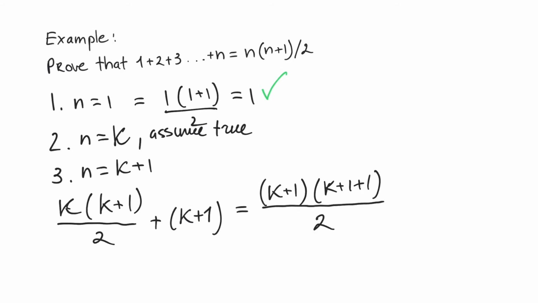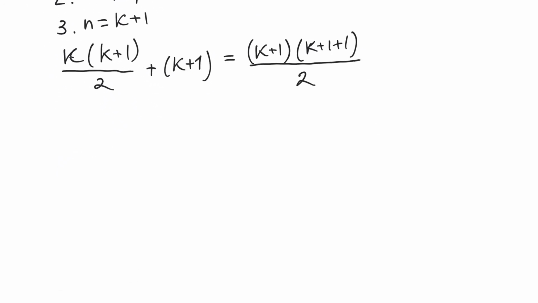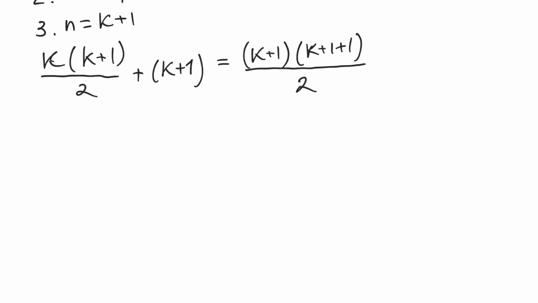So let's just expand our first part, the left-hand side here. What is it going to look like? We can clearly factor out k plus 1, but first we need to make sure there's a common denominator, and it will look like this: k times k plus 1 plus 2 times k plus 1.